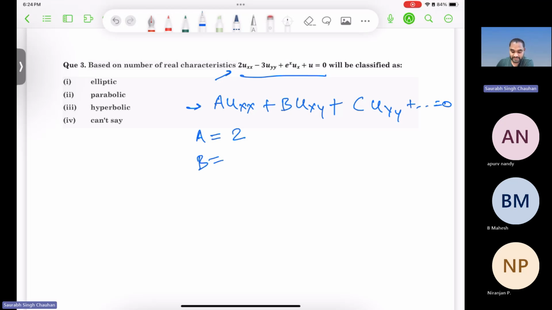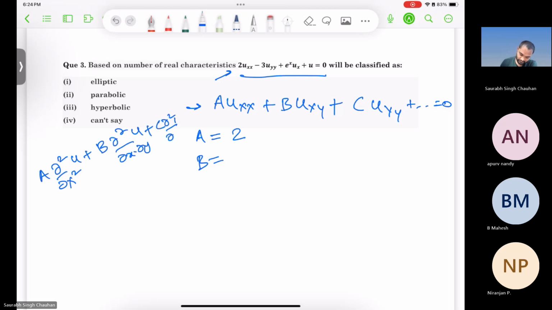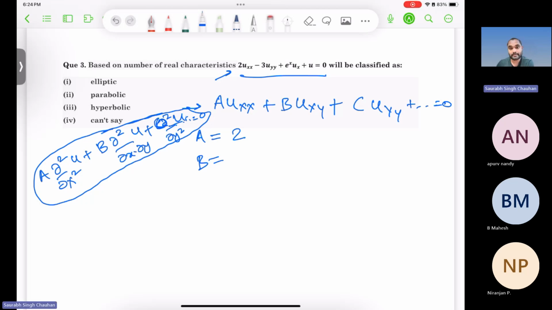B is the coefficient of uxy. It is 0, there is no such term.